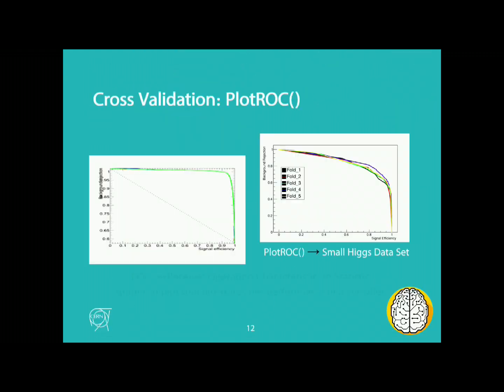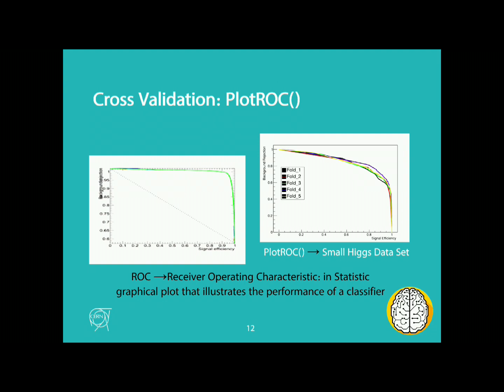And in cross-validation, we have another method which is called plot ROC. You can find it from now on. ROC is the receiver operating characteristic. In statistics, this is a graphical plot that gives you the performance of your method.